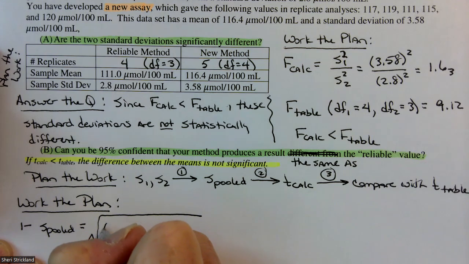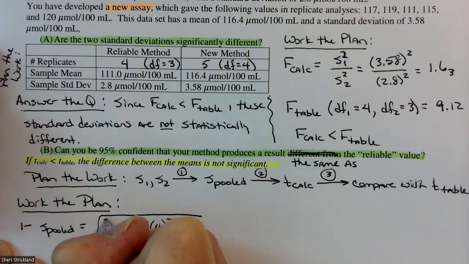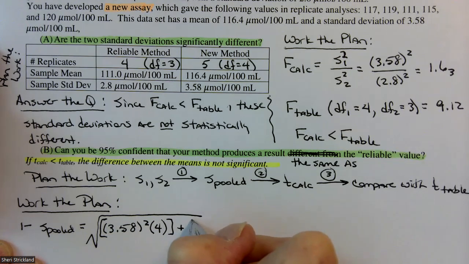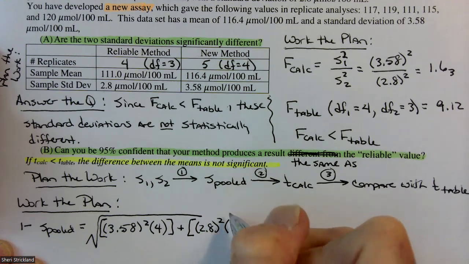Let's see, 3.58 squared times 4 plus 2.8 squared times 3.